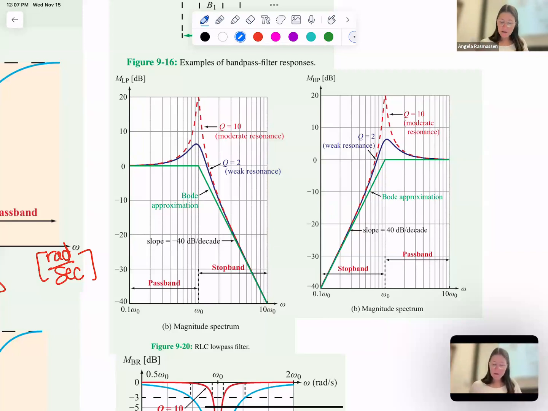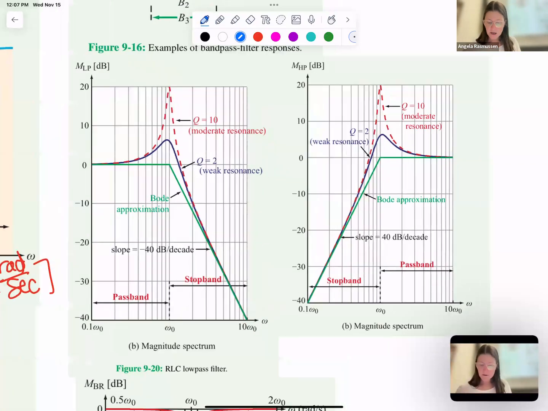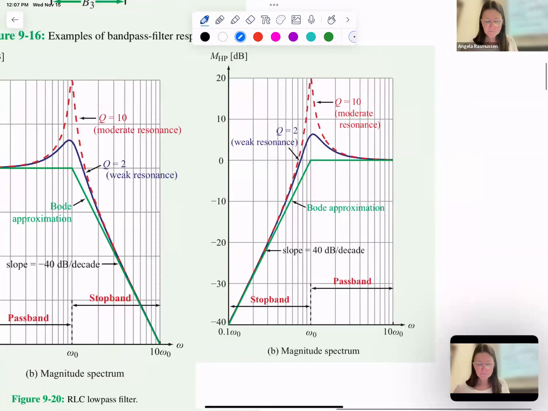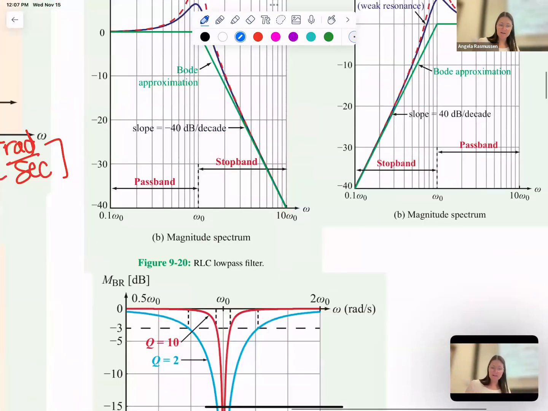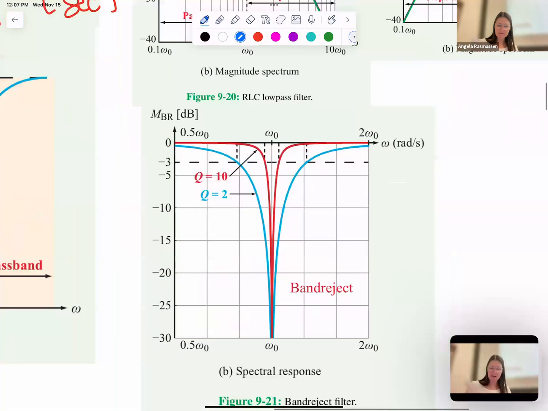And then for a high pass, the same thing: you would typically want a low Q, so you don't have a lot of resonance. It just goes up and pretty much looks like the green line there. So you want lower resonance on the low pass and high pass.